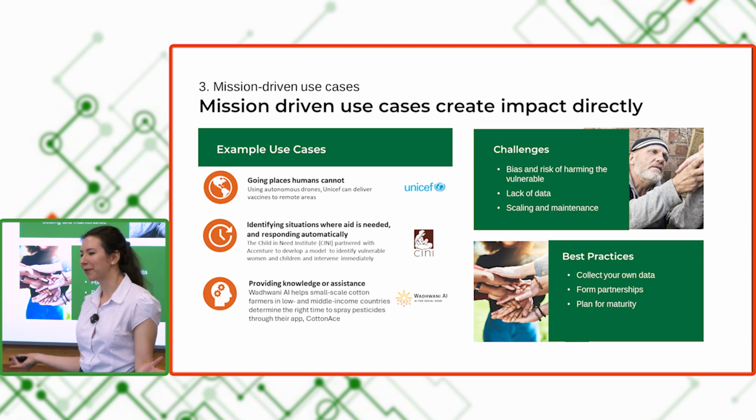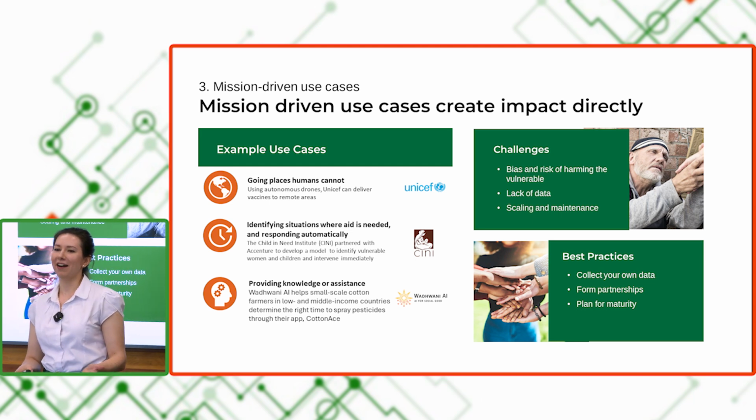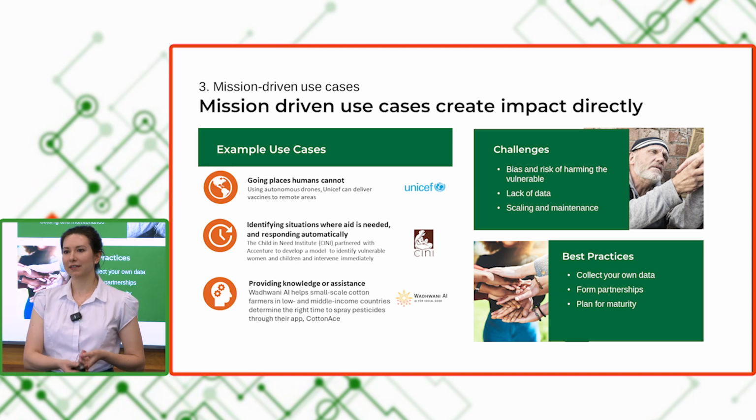And then finally, providing knowledge or assistance. This is kind of a broad catch-all, but AI tools can do a great job to help with translation, with knowledge, with just getting information into people's hands where you just would not have the manpower to get an individual person out there helping someone.